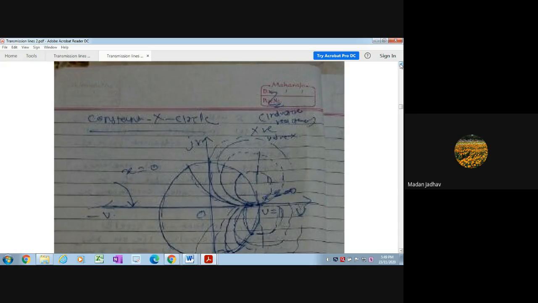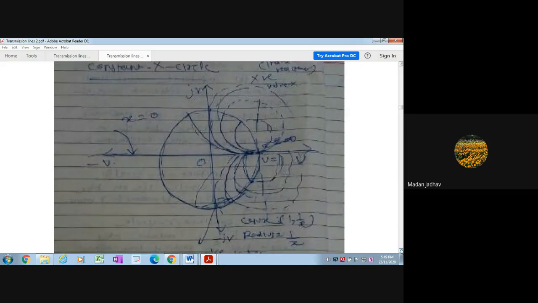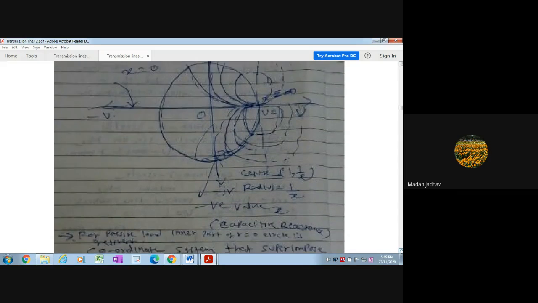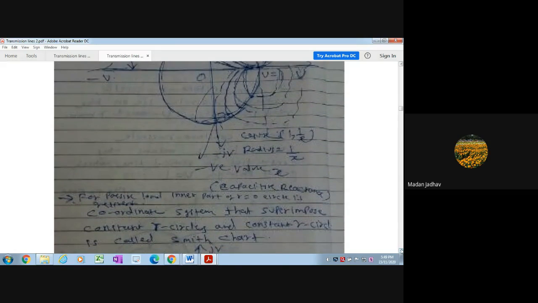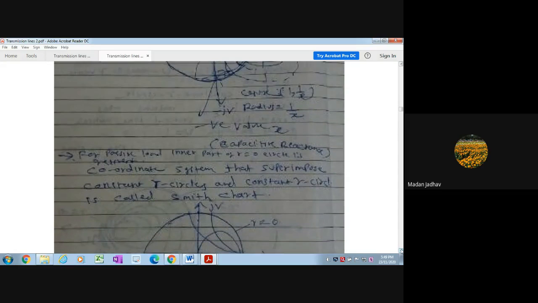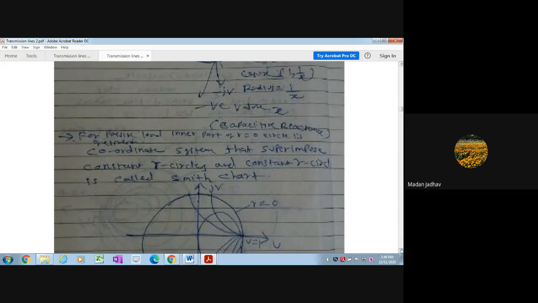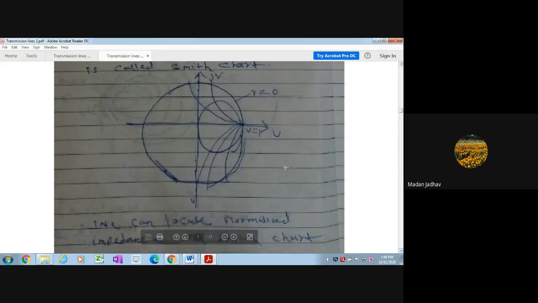R is the real part, and for that R we have to identify the circle. For X also we have to identify the reactance circle, and the intersection of these two circles is the location of that impedance on the Smith chart.